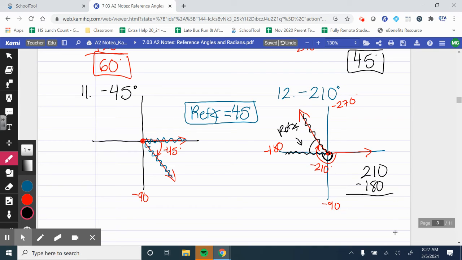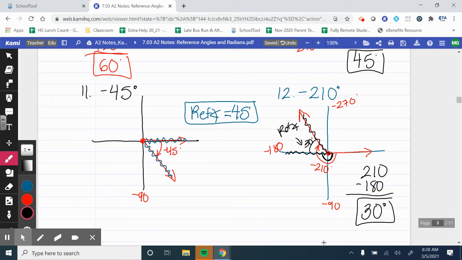If I take 210 minus 180, that gives me 30 degrees. So this angle right here must be 30. If we do 210 minus 30, that would give me 180. Or 30 degrees plus 180 would give me 210 degrees.